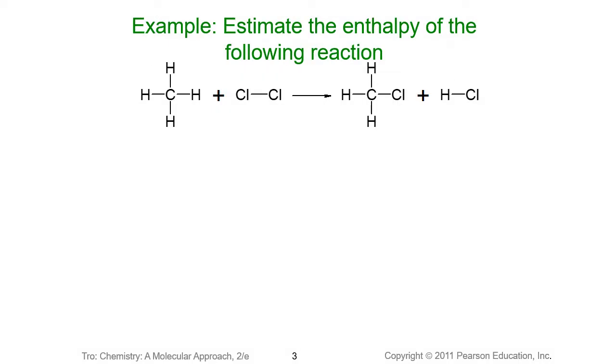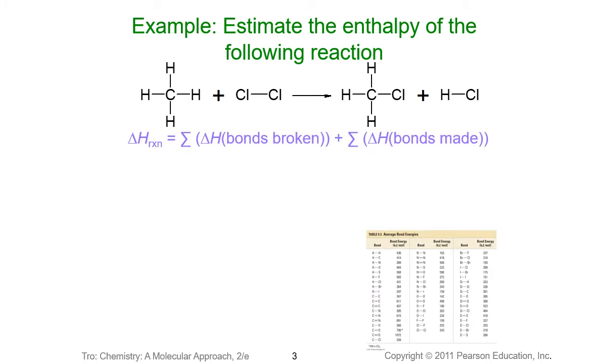Let's estimate the enthalpy of the reaction for the following reaction, which is methane plus chlorine, giving us chloromethane and hydrogen chloride. We want to find all the bonds that are broken and all the bonds that are made and add up the enthalpies for each. If we look at our reactants and our products, I see that we are breaking a carbon-hydrogen bond.